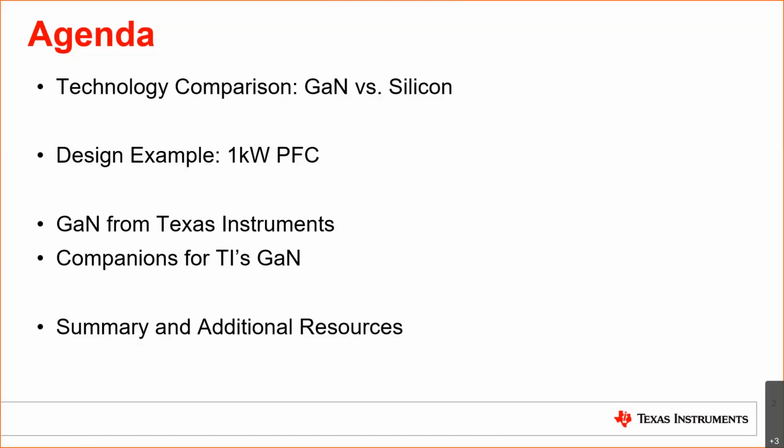As a short teaser, our GaN devices are actually more than only a standalone FET, but more about that later. And then at the end of the presentation, I will also point you to some interesting companion components that can be for sure very beneficial in power applications. And with the summary, I will also give you some links to additional resources.